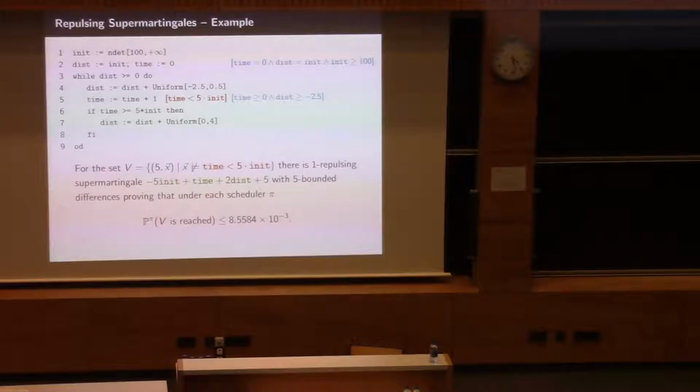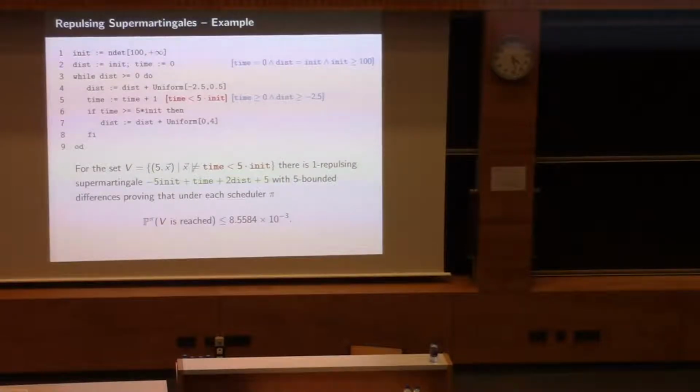Inside the loop, time increases by 1, and as before, dist decreases by 1 on average, because when we are outside of V, this if branch is never entered. So in total, we have +1, -2, so we have an average expected decrease of -1. We should also check, for example, that once we are inside this set V, the value of this function is non-negative. Again, this is easy. Inside V, time is at least 5 times in it, so these first 2 terms are non-negative.